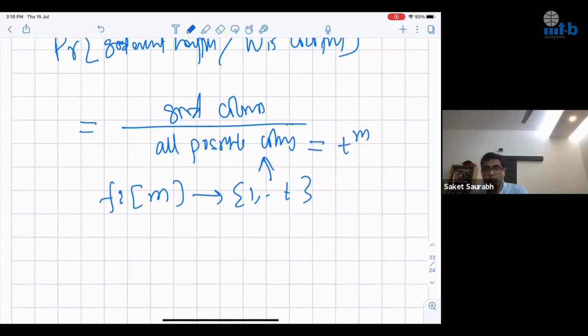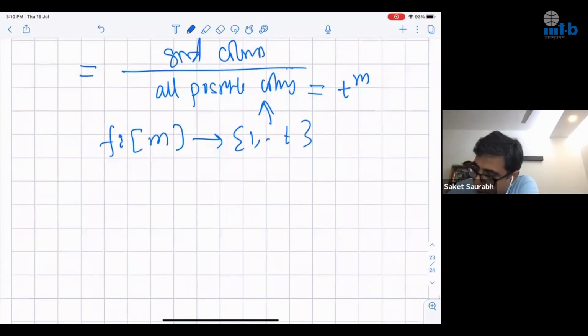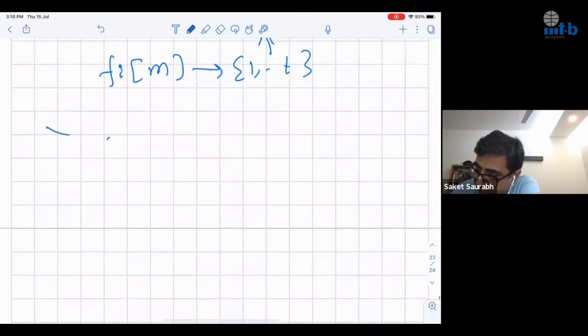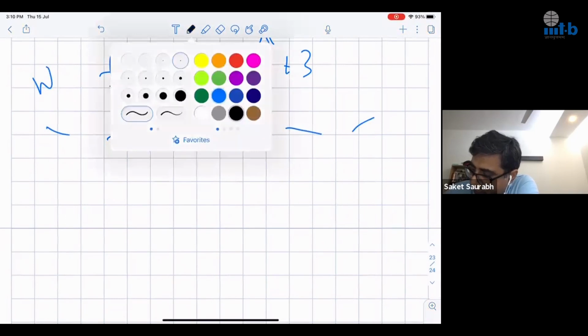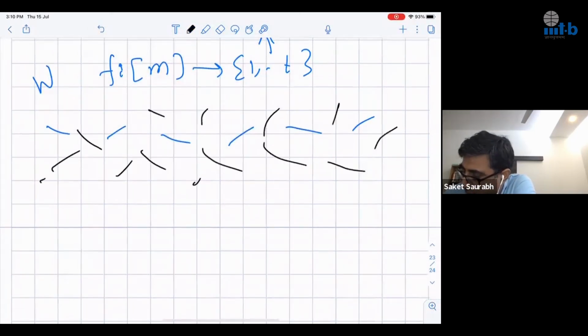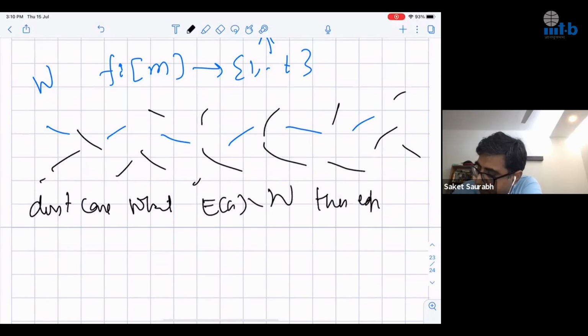And what is a good coloring? Suppose these are the edges of W, and these are other edges. I don't care what these other edges get.